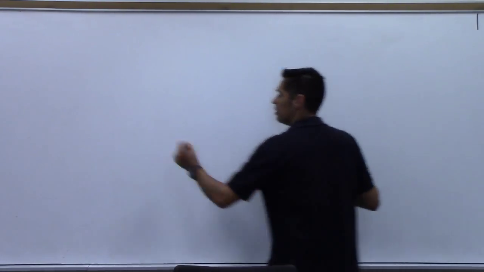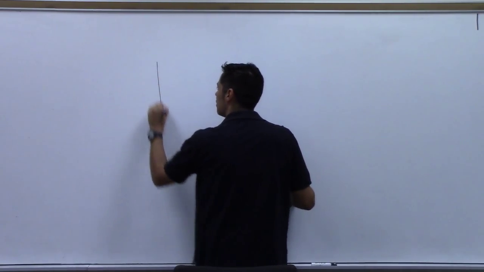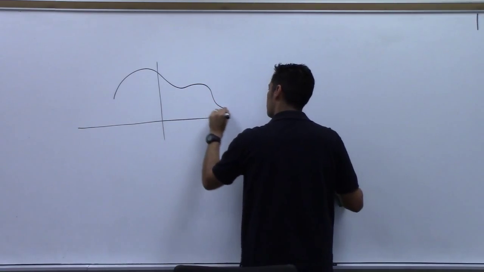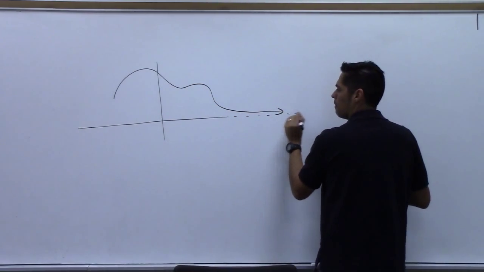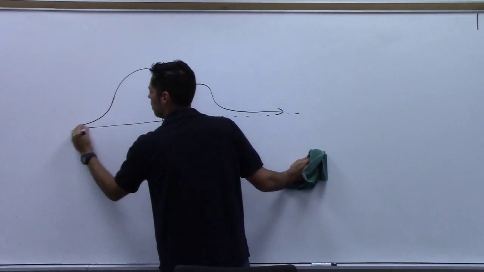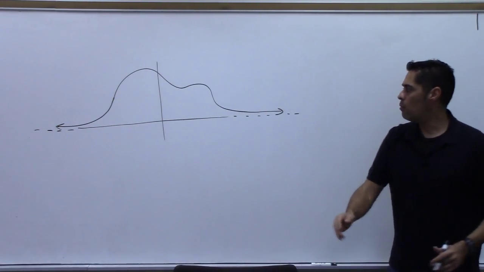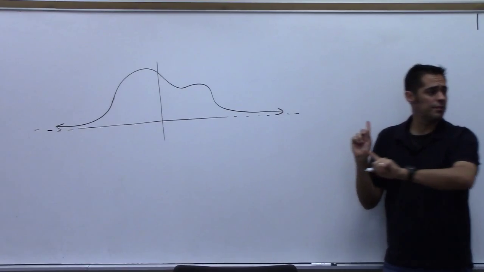I'll draw a picture. Let's say we had a function that did this. Right? And I wanted the area both directions forever.